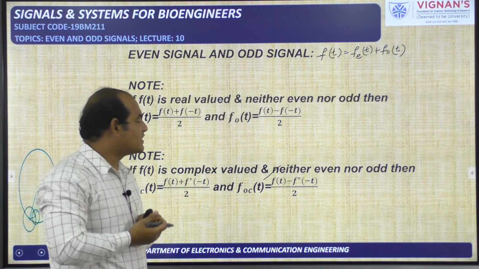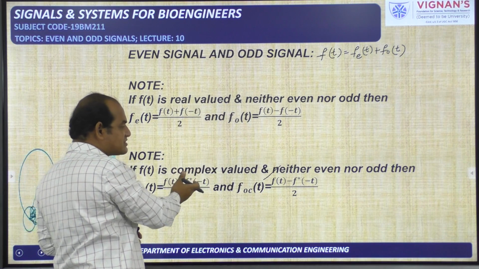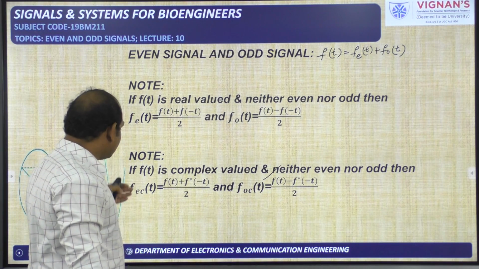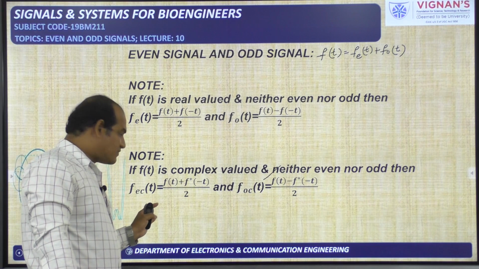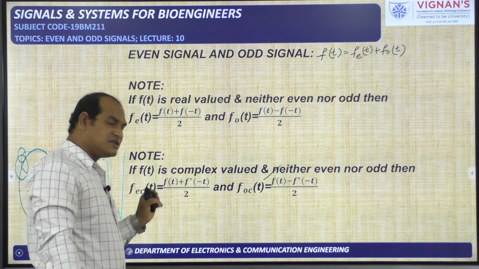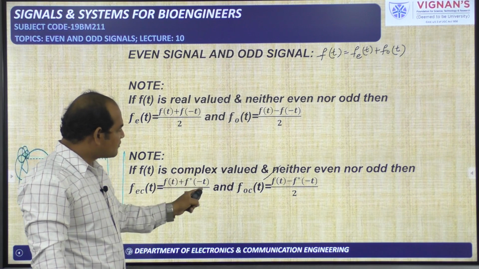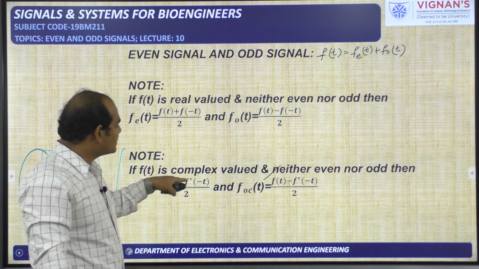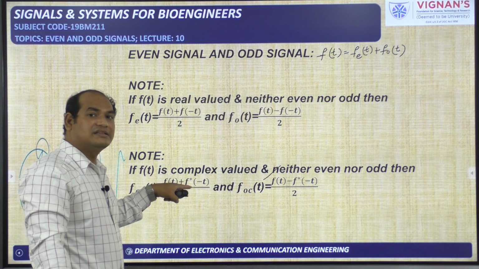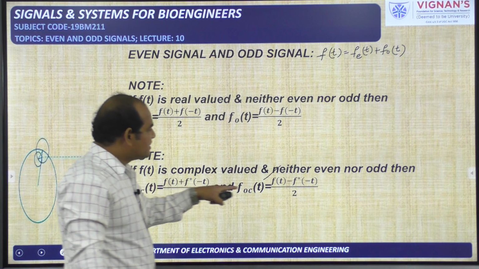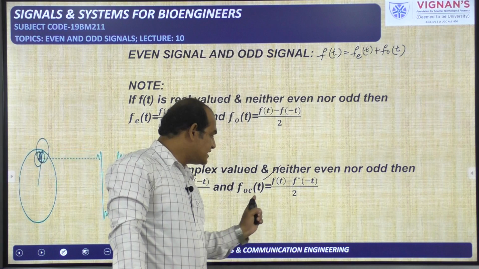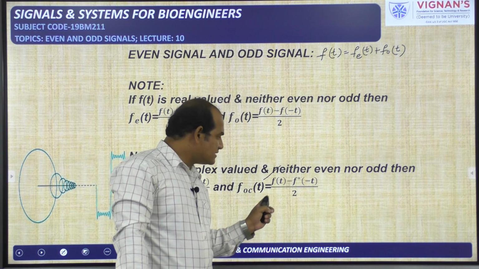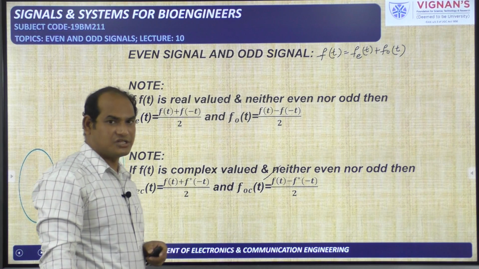Again the same thing: whenever time reversal is there, you need to put a star, that is, we have to take the conjugate. The even part of the complex signal f of t, that is f e c of t, is equal to f of t plus f star of minus t by 2. Where is the change in these two? Just a star mark whenever you take the time reversal of f of t. Similarly f o c of t is equal to f of t minus f star of minus t by 2.